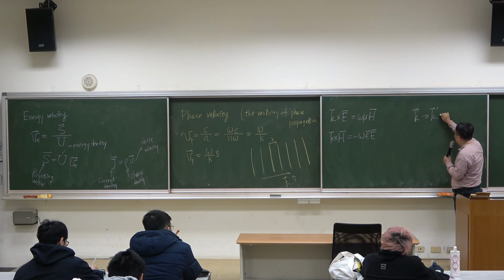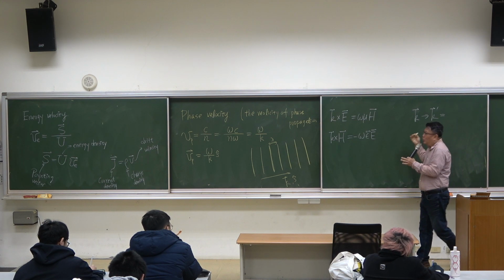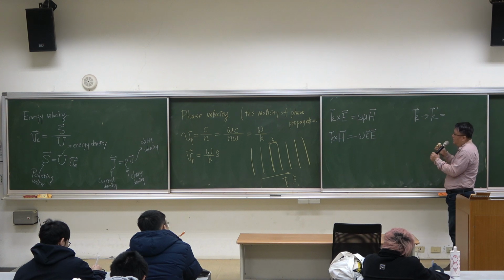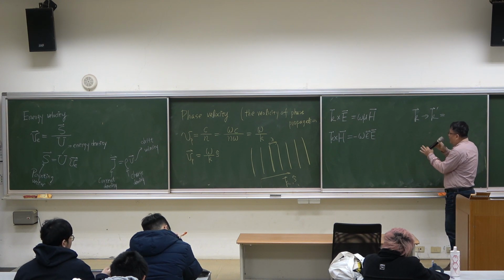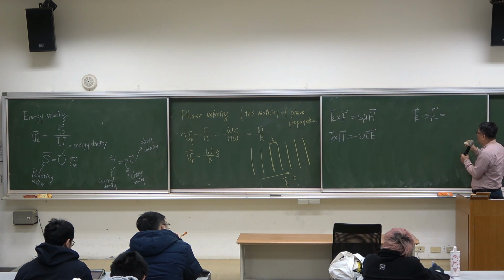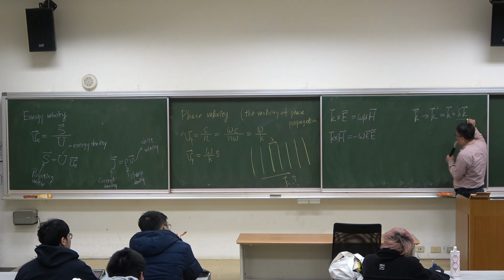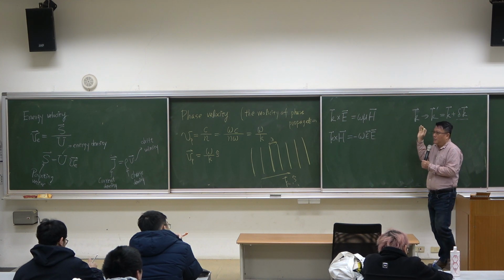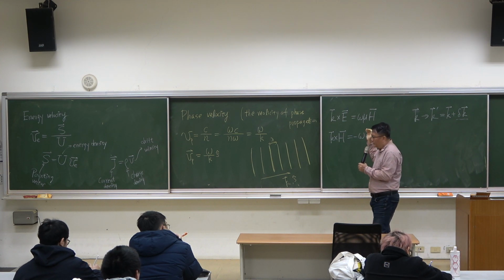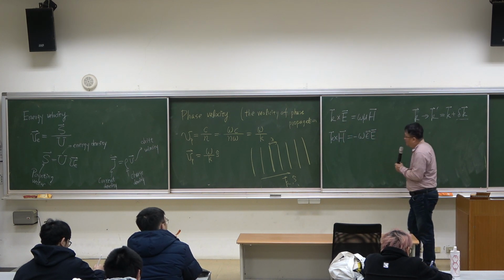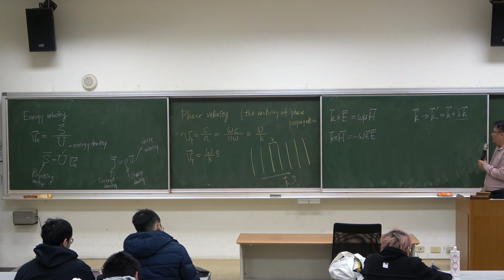And the k prime is almost equal to the k vector, but they have a little bit difference. K plus delta k. This delta k is an infinitesimal difference from the original k vector.